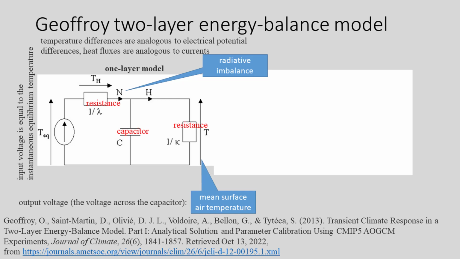But in the appendix, I was able to find a really strange description, but practically quite efficient description of their own two-layer energy balance model, because they were defining it as an electric circuit, which is strange, but okay.